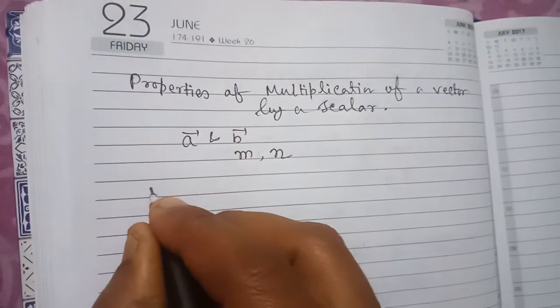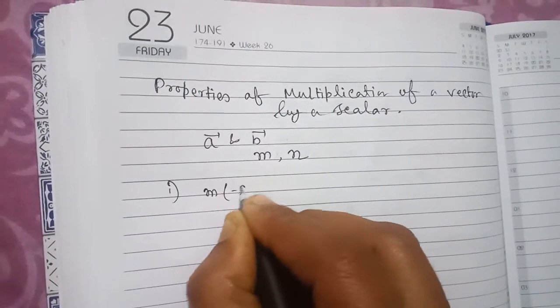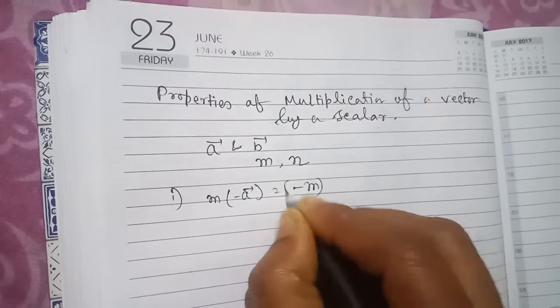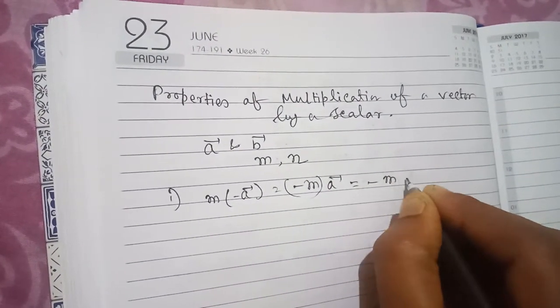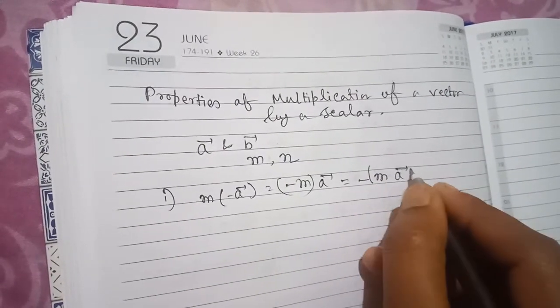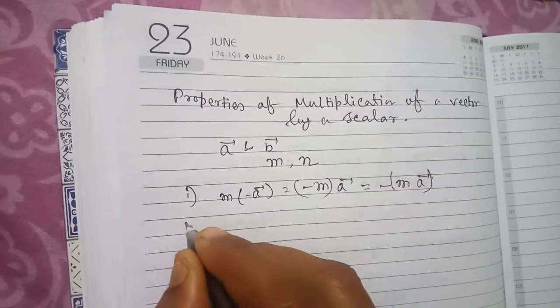Then we have number 1, m into minus A vector is equal to minus m into A vector, equal to minus of m A vector, okay. This is the first property.